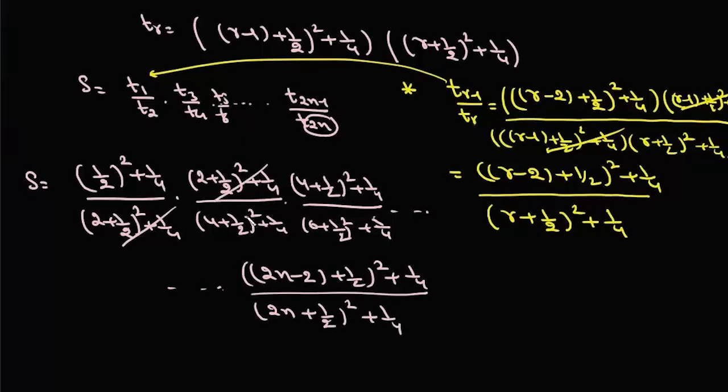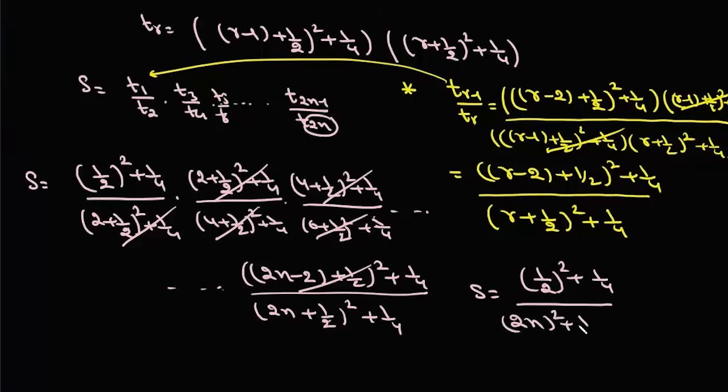Now these successive terms, they'll cancel. So in the end, we'll have this as 1 upon 2 square plus 1 by 4 upon 2n square plus 1 by 4 plus 2n plus 1 by 4.